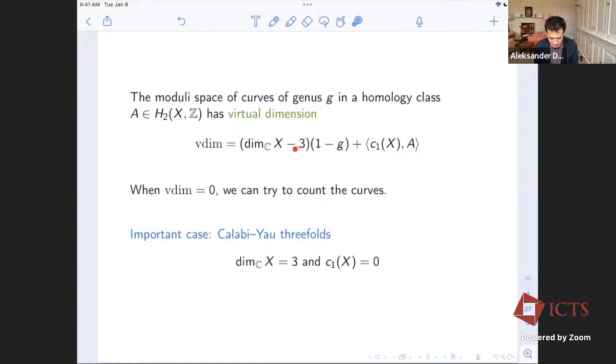So there's a dimension of X, the genus, and the pairing of the first Chern class of X with this homology class.